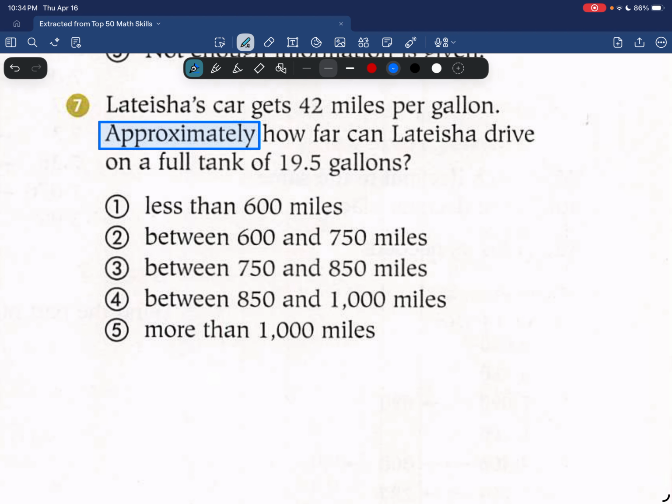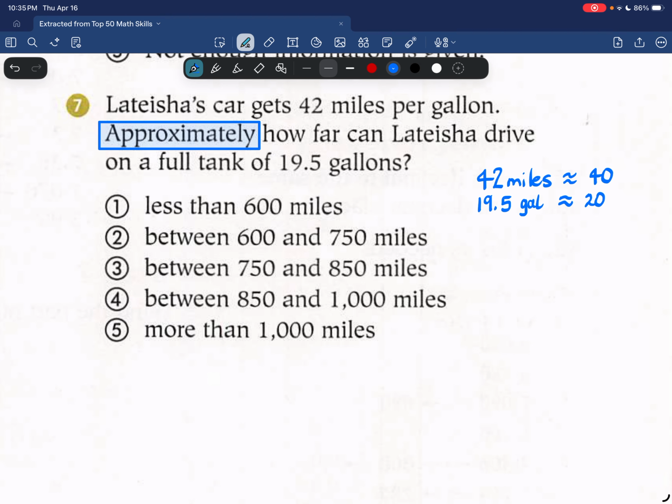All right, so 42 miles, that is awfully close to 40. 19.5 gallons is awfully close to 20.